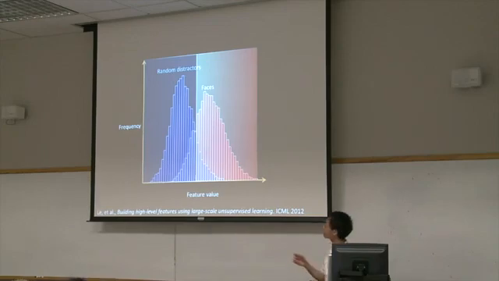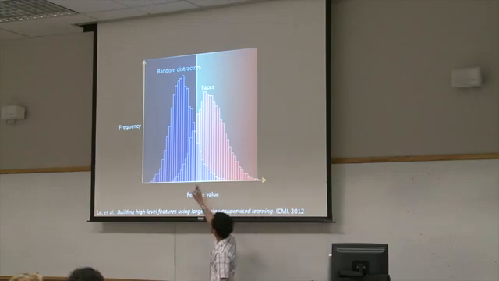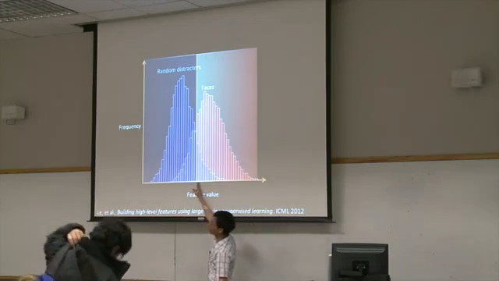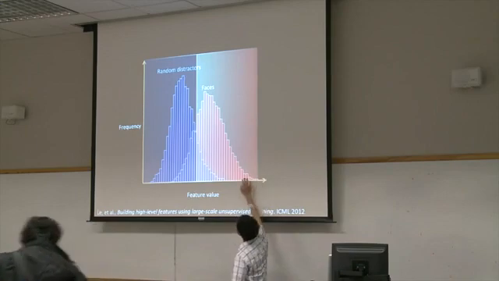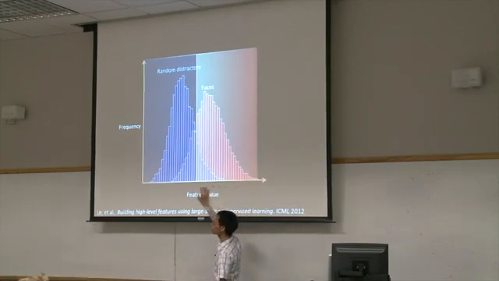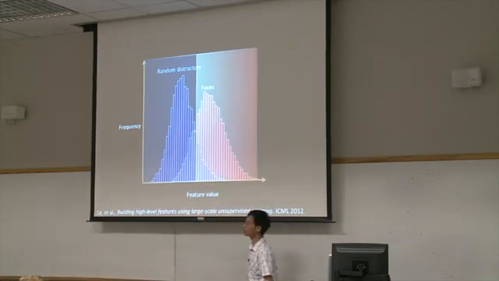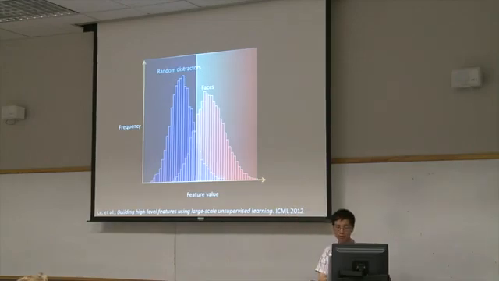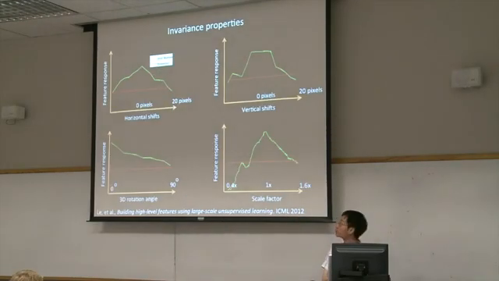So if you have a histogram like this, then if the value of the feature is bigger than some value, we can be confident that it's a face, and otherwise we're less confident whether that's a face. And we performed some analysis and found that it's actually quite invariant to a lot of transformations in the image.